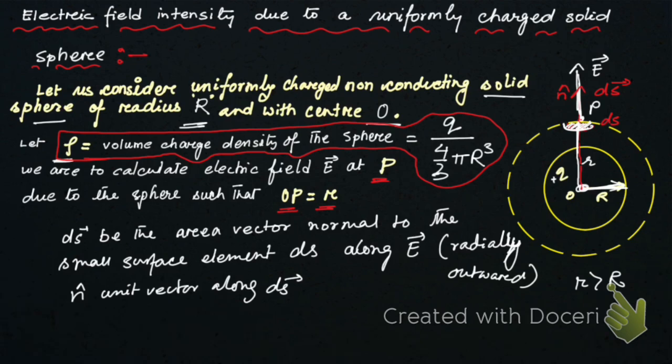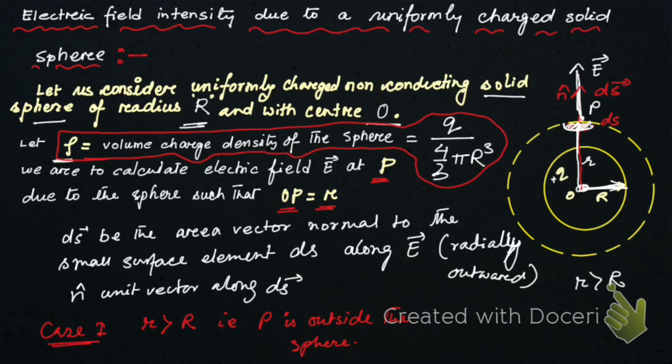So case 1: here small r is greater than capital R. That means P is outside the sphere.